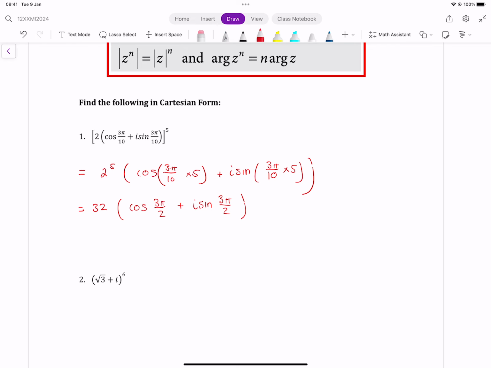That's implying that we do not have an x or a real component, it's just an imaginary component. But since 3 pi on 2 is going straight down, it's going to be minus 32. Now again, I like to abstain from using your calculator, but it is always good to check. If you do type that complex number into your calculator, it will give you minus 32.